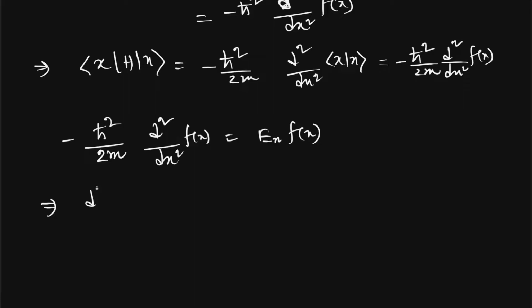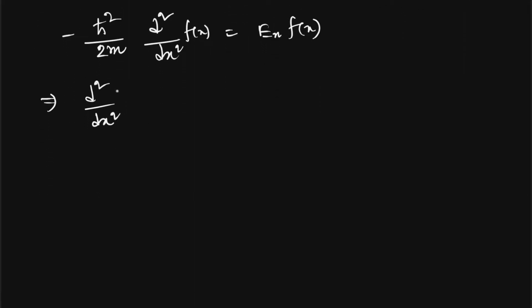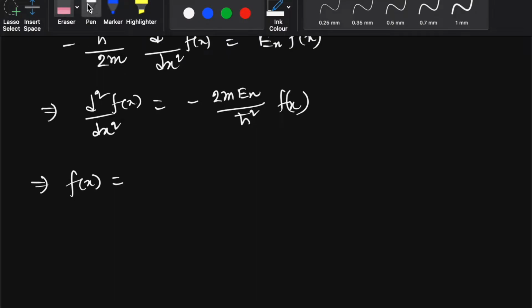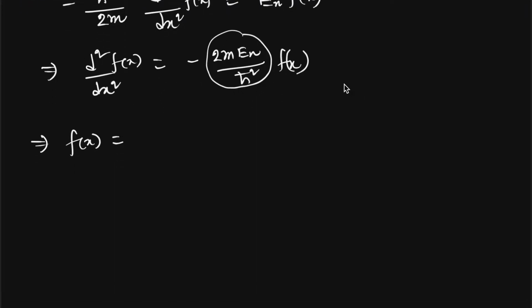So that means d²/dx² f(x) should equal minus 2m En by ħ² f(x). Suppose 2m En by ħ² equal to k². Then the solution of this equation will be f(x) equal to A sin kx plus B cos kx.